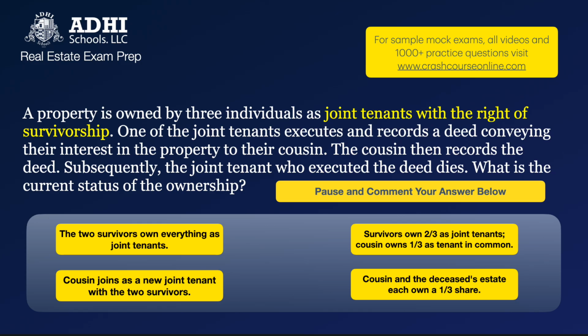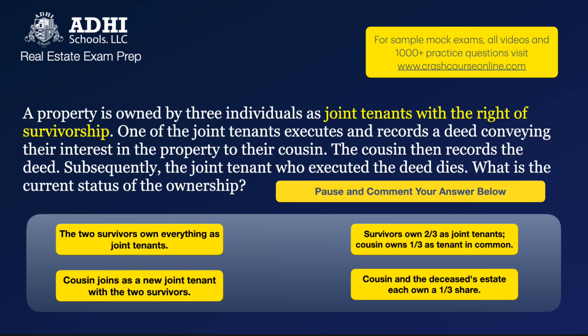They owned one third. How do I know that? Because if there's three individuals that own a property as joint tenants, all three have to own an equal share. So if one of the joint tenants sells it, their cousin's buying a third. If there were four joint tenants, everybody owns 25%. If there were 10 joint tenants, everyone owns 10%. All joint tenants have to own an equal share.